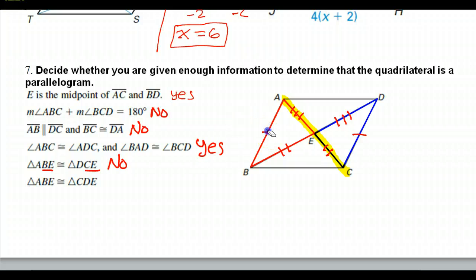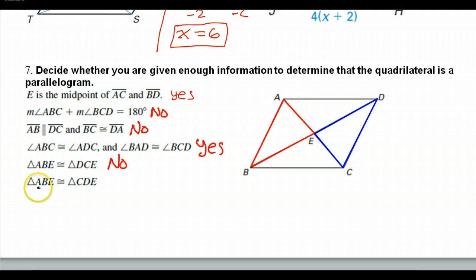Now compare that to the last question here, which involves really the same two triangles. ABE, of course, is a red triangle. Now instead of saying DCE, they just changed the letters to CDE. But what that changes is which parts are congruent.